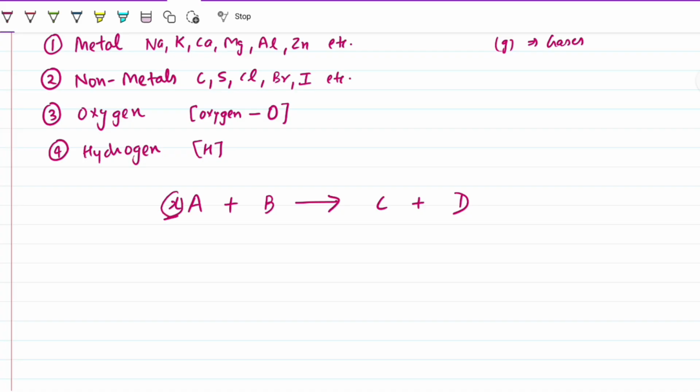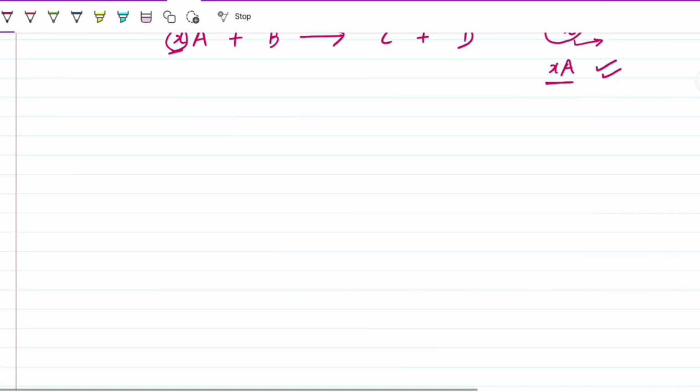If I have to write X atoms of A, writing it in the subscript way is incorrect and not allowed. It should be written in front, because this is called the stoichiometric coefficient, or moles basically. So we can play with the number written in front, not the subscript. I will give several examples, so let us discuss them one by one.